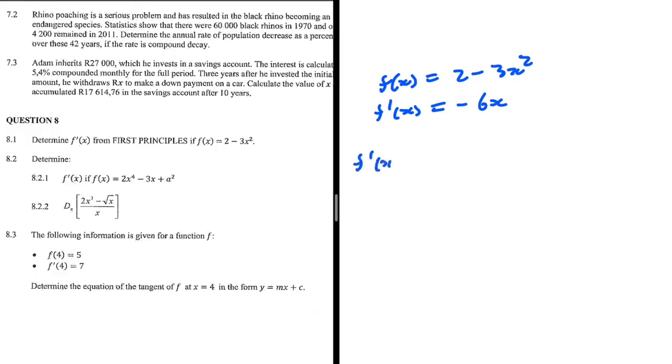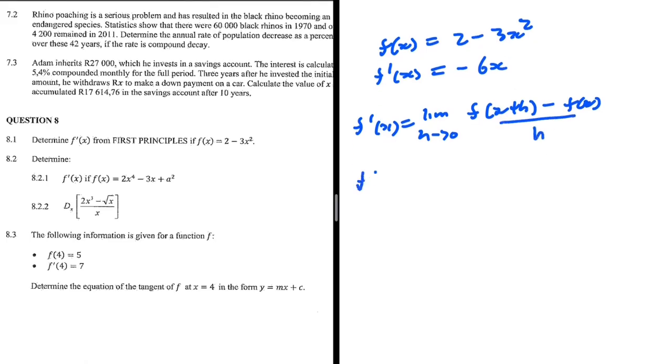f prime of x, using first principles, is the limit as h tends to 0 of f of x plus h minus f of x, everything divided by h. Let's calculate f of x plus h separately. We have 2 minus 3, and in place of x we have x plus h squared.